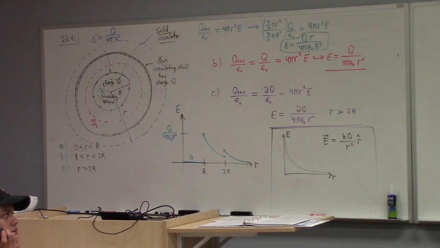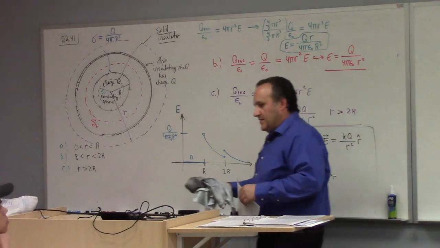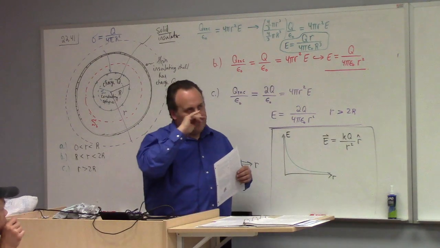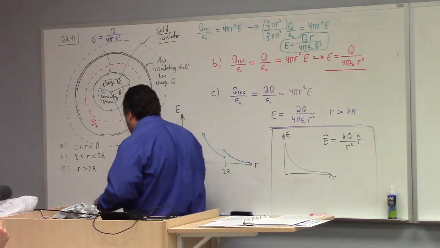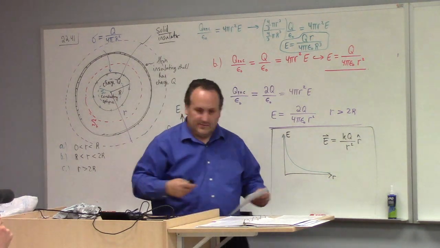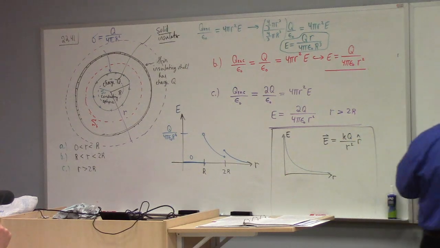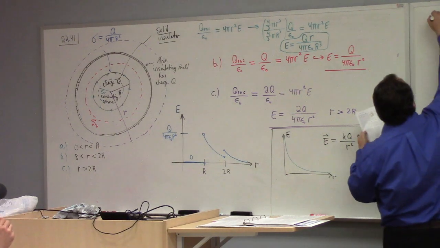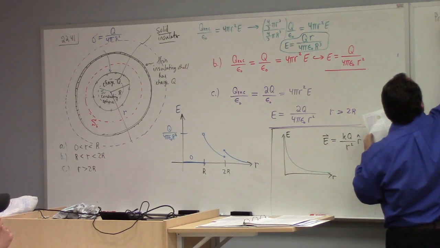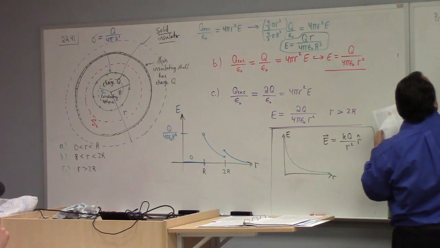So I've deliberately made examples where we can avoid calculus so far. I mean, the flux calculus is there, but we're always circumventing it with a symmetry argument, right? So this is problem 22.45.